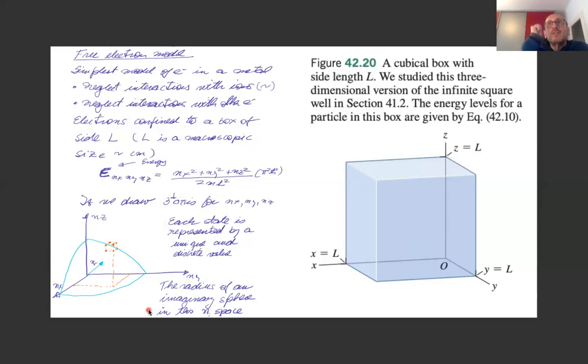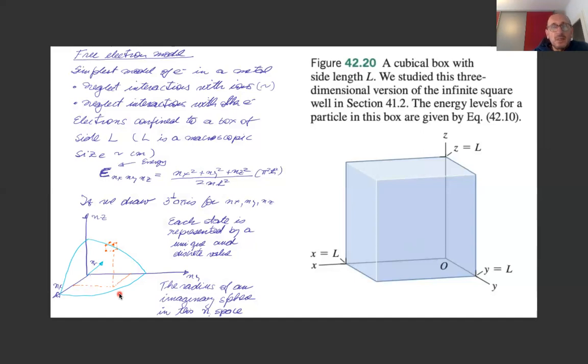Because it is discrete. This is a discrete number of states. This is not a continuum, but now I'm going to calculate the volume inside this octant here, okay? The volume inside this octant will be equal to the number of states below a certain energy value, okay?